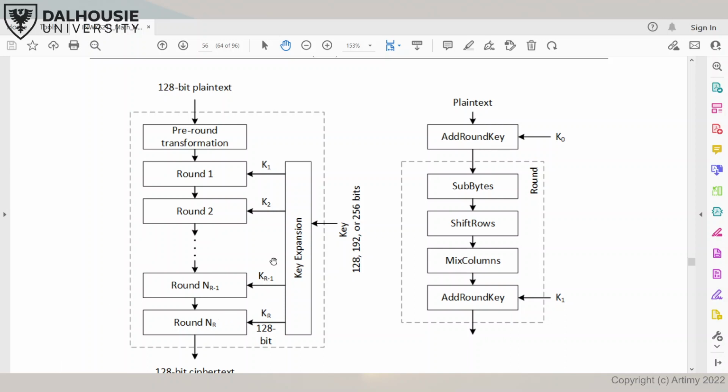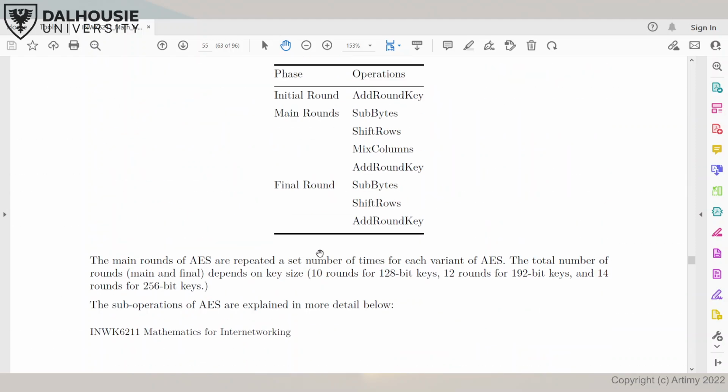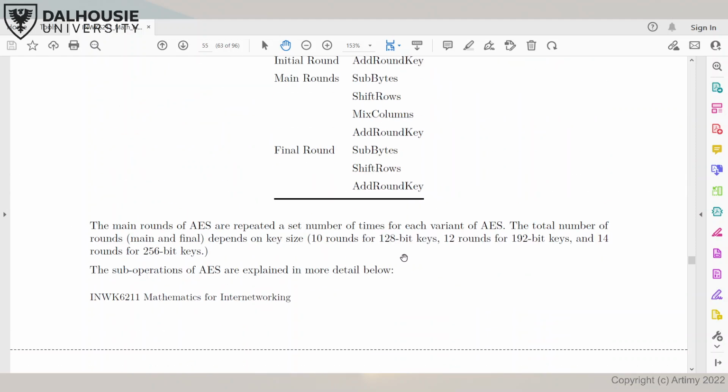Notice here that R, the number of rounds, is not constant. It changes depending on the size of the key. If we have a 128-bit key, we use 10 rounds. If we have a 192-bit key, we use 12 rounds, and if we use a 256-bit key, we use 14 rounds. So the minimum is 10, but we can have 12 or 14.